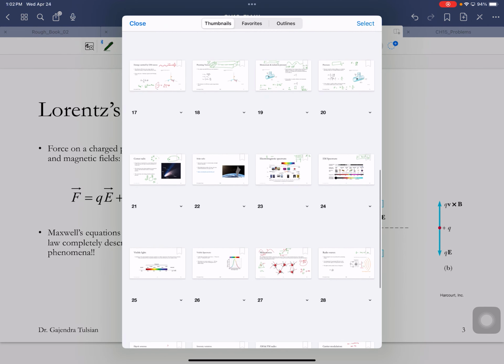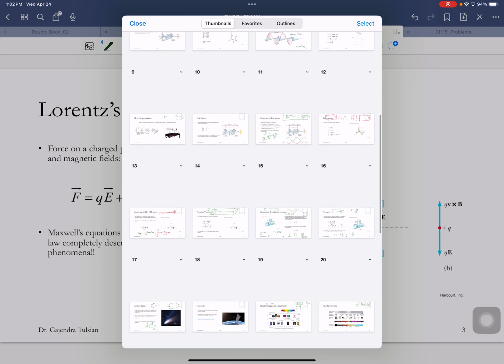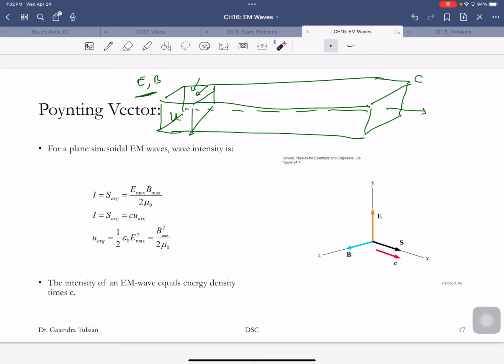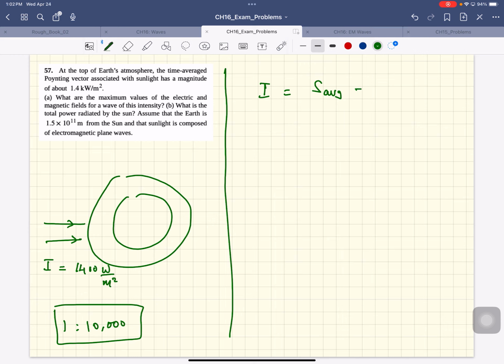There is the expression in terms of average magnetic field and electric field. Okay, so intensity is E max B max over 2 mu naught.